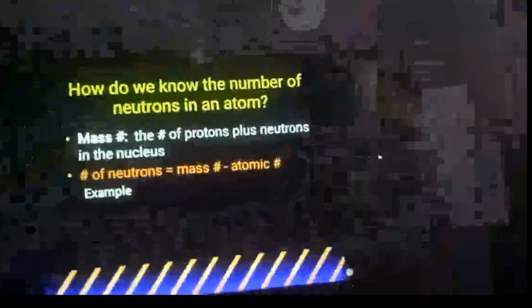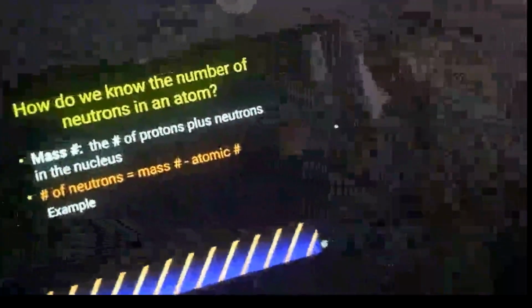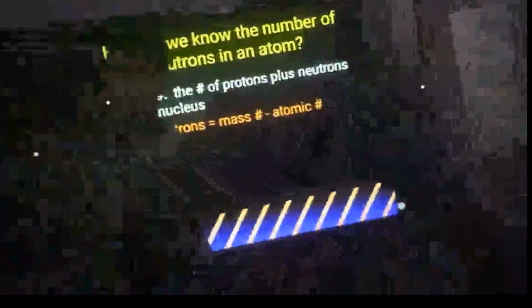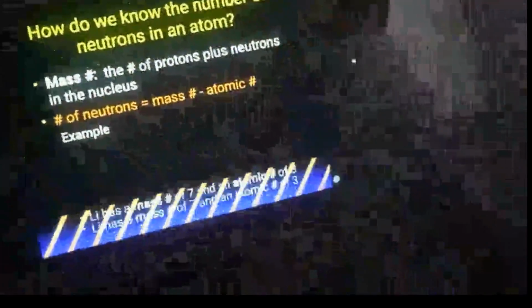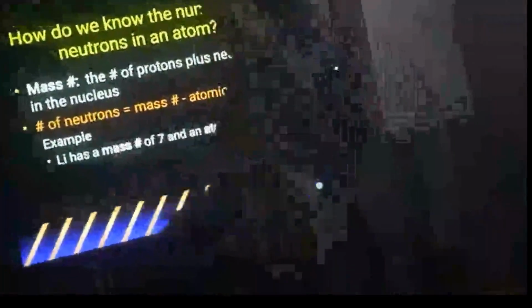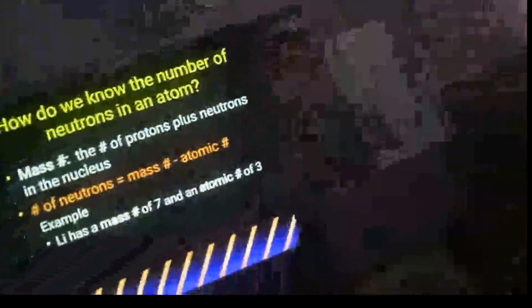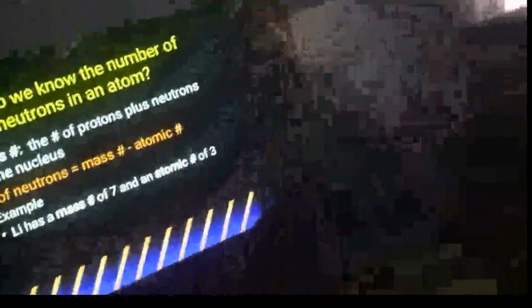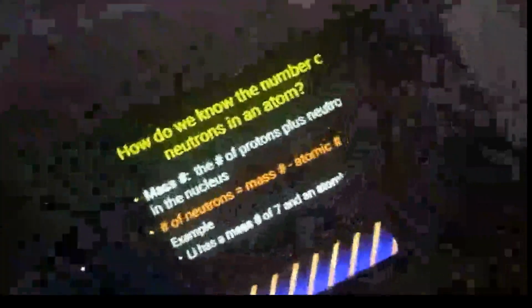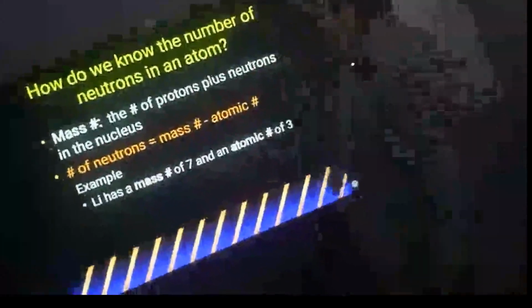Here we are going to explain an example. How can we find the neutron number if you know the mass number and atomic number? Take lithium, Li. If you see the periodic table, lithium is the third element, so the atomic number of lithium is 3. Lithium has a mass number of 7.